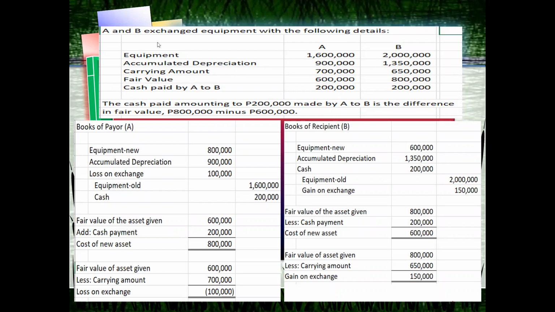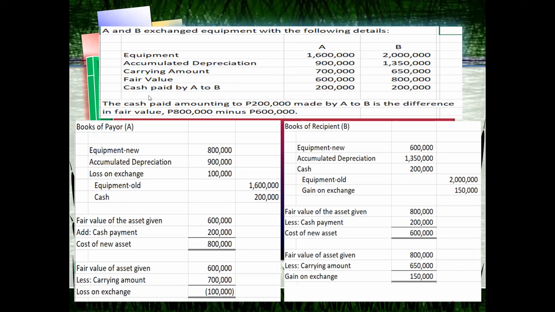So here, A and B exchange equipment with the following details. So ito yung mga details ng equipment ni A, tsaka ito naman yung details ng equipment ni B. For A, ang cost ng equipment niya ay 1.6 million, accumulated depreciation ay 900,000, carrying amount is 700,000, and the fair value is 600,000.